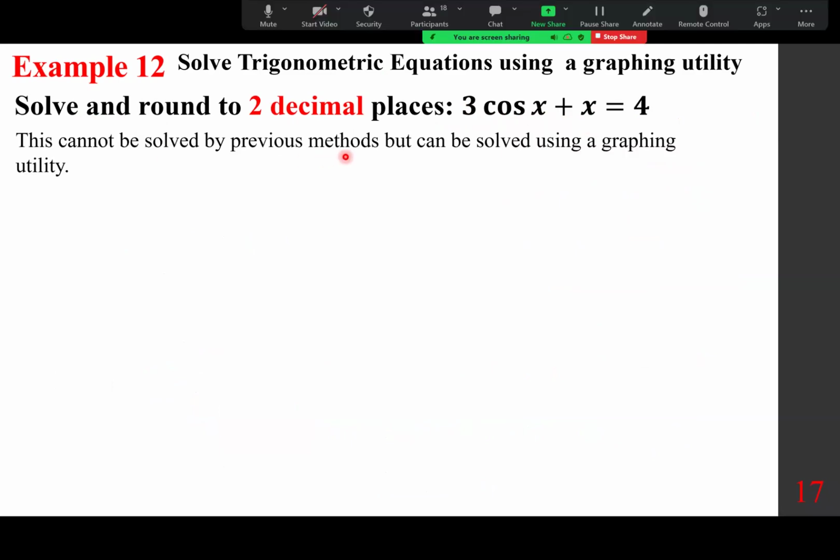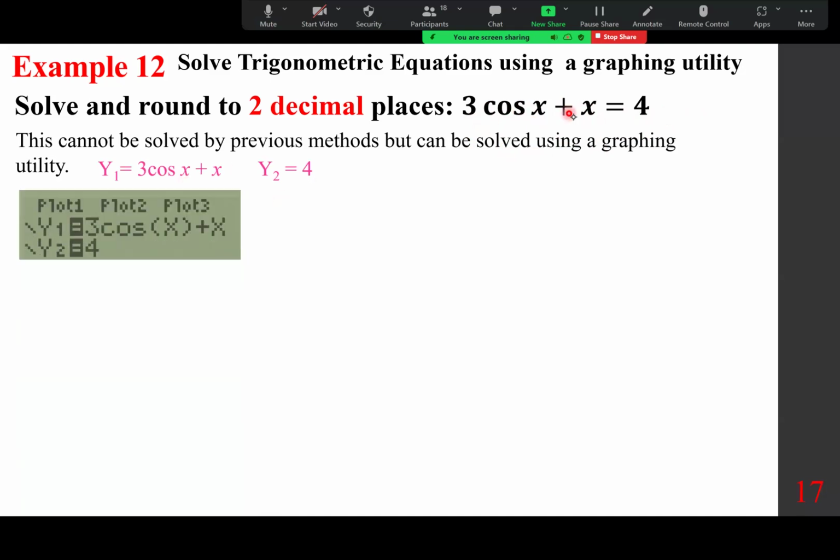This cannot be solved by previous methods, but can be solved using a graphing utility, meaning you can put this one as y1, this one as y2, or move things around. You can even move the x and say one side is 3 cosine x, the other one is minus x plus 4. However you put that, that's fine. So you put y1 equals one side, y2 equals the second side in a calculator.